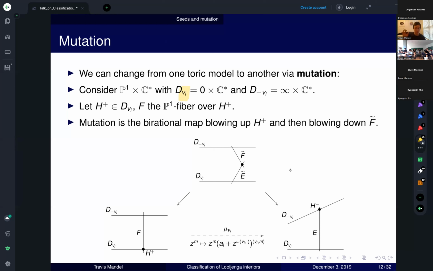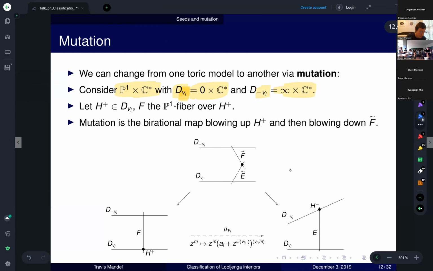And I'm going to take that C star squared and throw in 2 boundary divisors to make it P1 times C star. So I have the boundary divisor corresponding to VI, and I'll think of that as 0 times C star. And the boundary divisor corresponding to negative VI, we can view as infinity times C star.